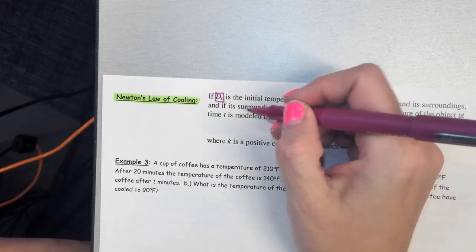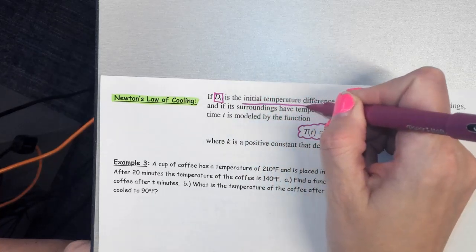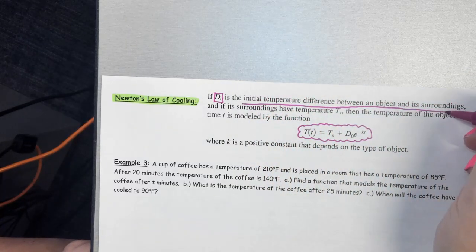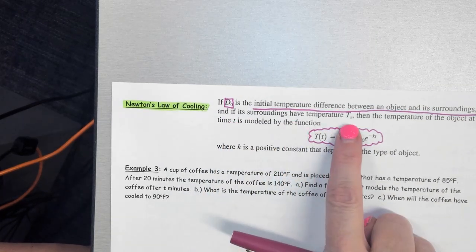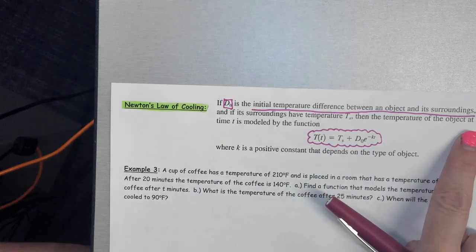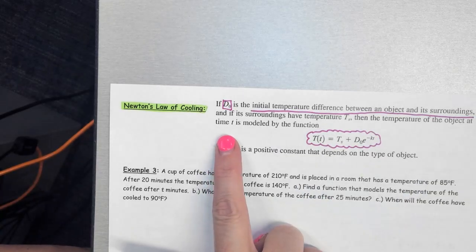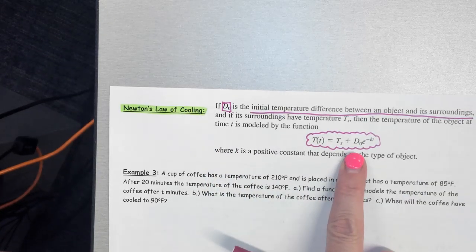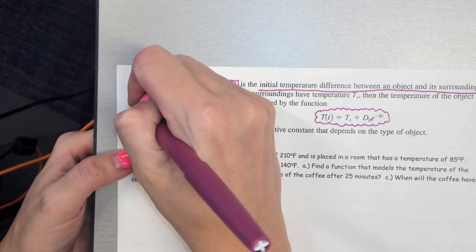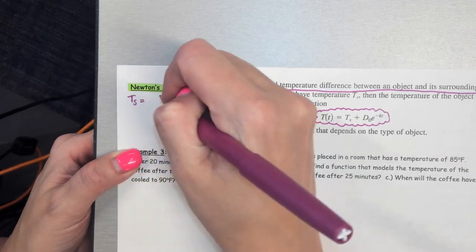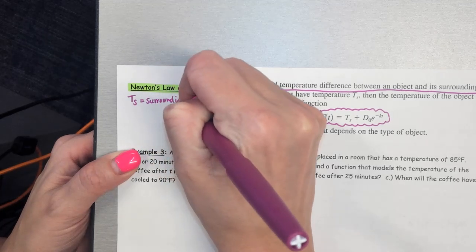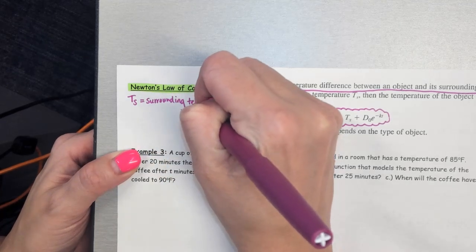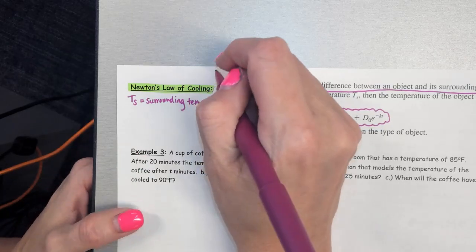This D sub 0 is the initial temperature difference between an object and its surroundings. And it says if its surroundings have a temperature T sub S, then the temperature of the object at a certain time t is modeled by this function. So the T sub S is going to be the surrounding temp. Okay, so that could be the temperature of a room, or if you're outside, it's just wherever the object is.